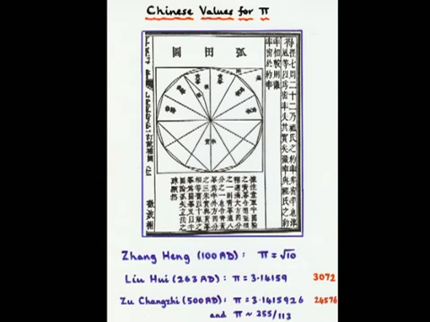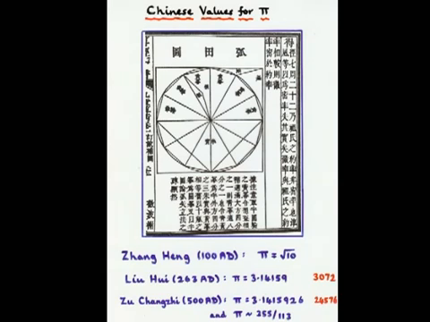But even more impressive, around 500 AD, Zu Chongzhi and his son extended this to polygons with 24,576 sides, and thereby obtained pi to what we would now think of as 6 decimal places, 3.141592, and it's between 6 and 7.